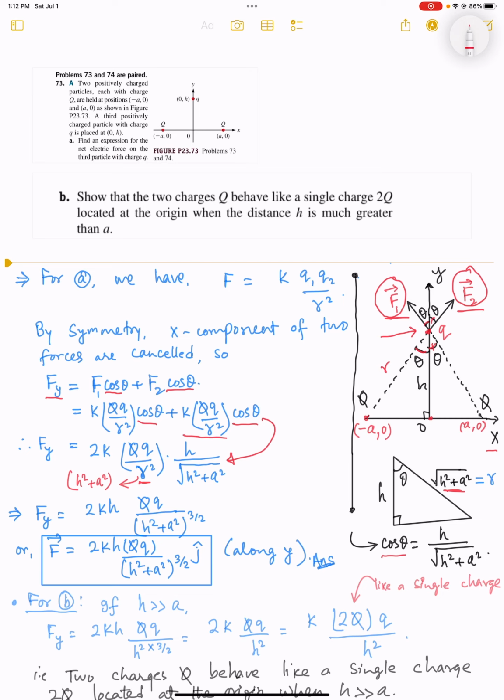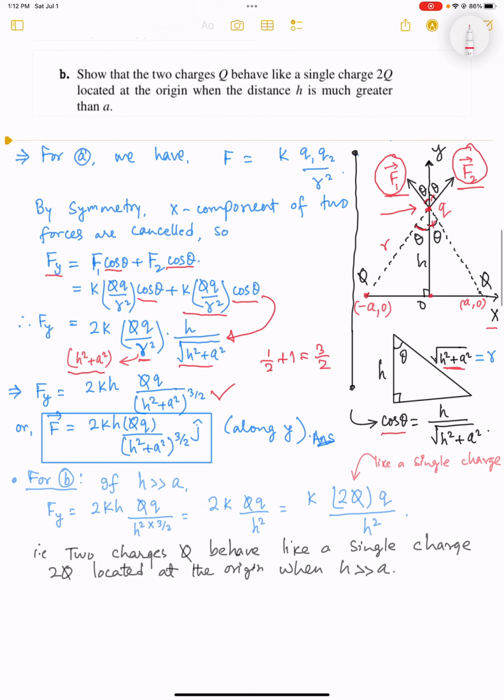When you use that, you can combine these two terms, h squared plus a squared, where the power is 1 over 2 plus 1, that will be 3 over 2. So that's it. This is the amount of force along the y-axis, that's why you can write j.